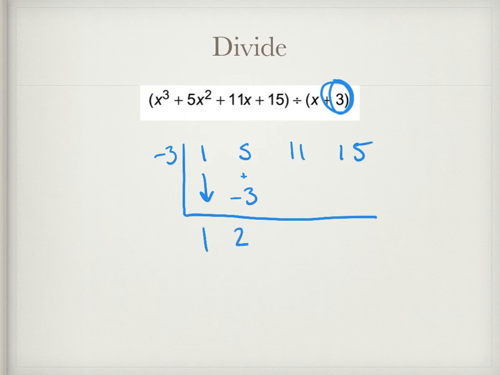What's next? Multiply that. -6. What's 11 minus 6? 5. And then what? -3 times 5, which is -15. And then 0. 15 minus 15 is 0.